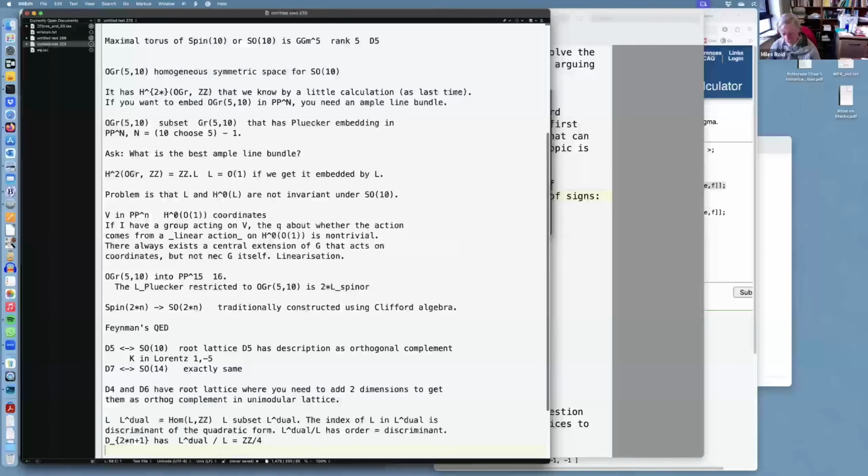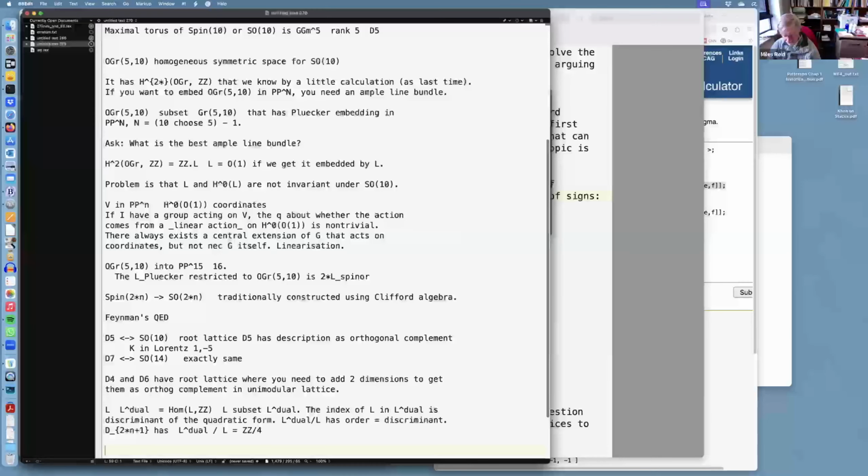That's what I used on the first page of my lecture. I said I can construct the root lattice of D5 by taking a unimodular 6-dimensional lattice and taking a complement in that of a characteristic vector. Whereas D2n has dual L star equal to Z2 plus Z2.